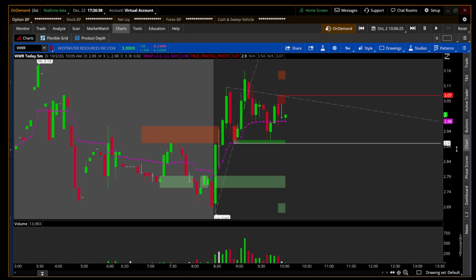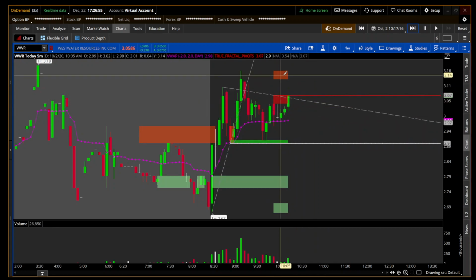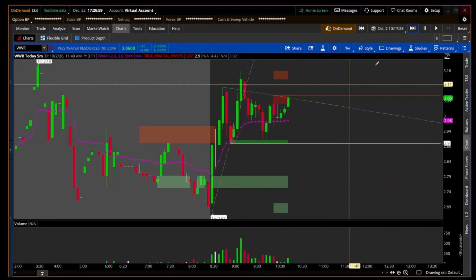I hate it when that chart bounces and zooms out of it. So we're gonna fast forward it. And it's coming up against this trend line of downward pressure and this area of supply, and it needs to break through this area of supply coming from this candle as well.